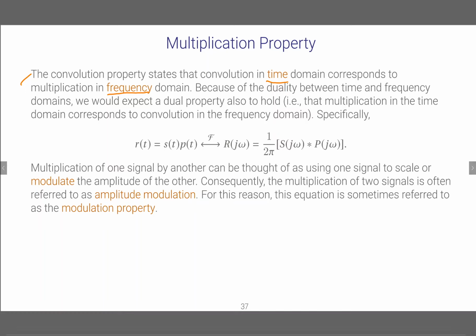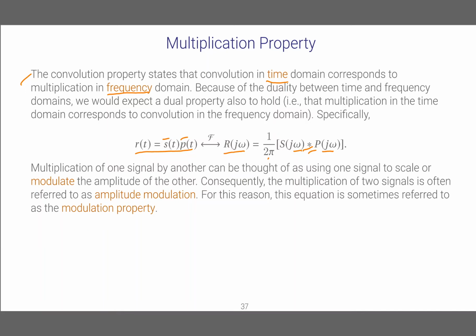Specifically, if we have two time domain signals multiplied, s(t) and p(t), giving r(t), its Fourier transform R(j omega) is actually 1 over 2 pi, see the constant, S(j omega) convolved with P(j omega). S(j omega) is the Fourier transform of s(t), P(j omega) is the Fourier transform of p(t), and this is the convolution in the frequency domain.